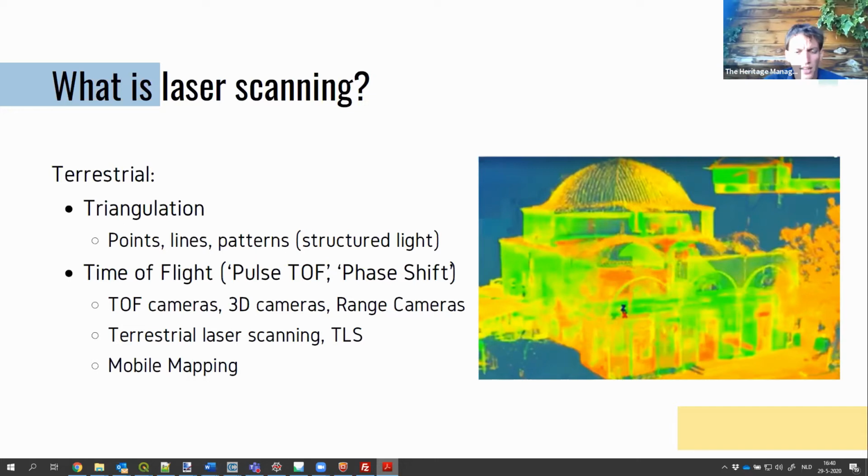These time of flight scanners and phase shift scanners are also implemented in most terrestrial applications, in terrestrial laser scanning and terrestrial kinematic applications like mobile mapping, but also airborne laser scanning makes use of these time of flight scanners.